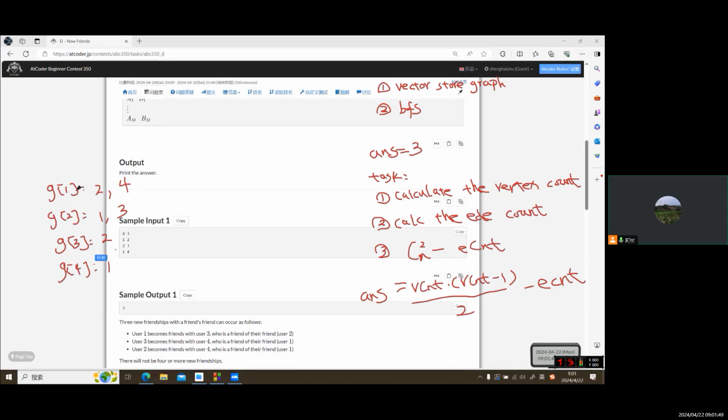Okay, now we calculate the edge. First, 1, 2, 3, 4, 5, 6. So because the edges between the vertices are doubled, we need to divide the edge count by 2.